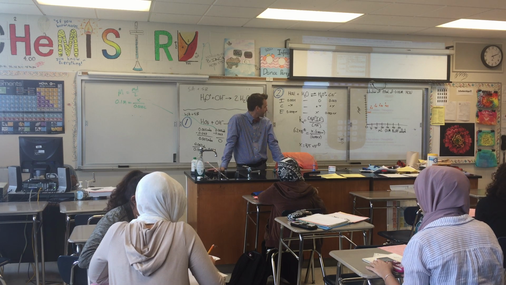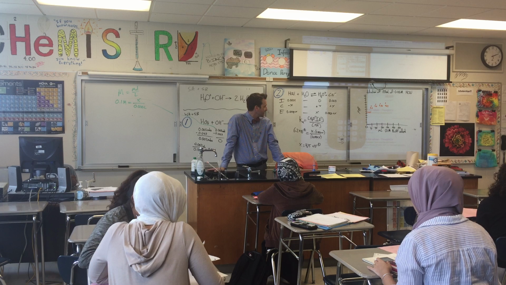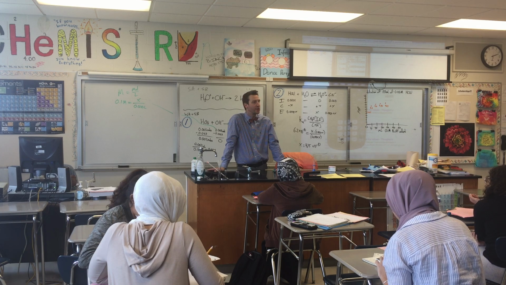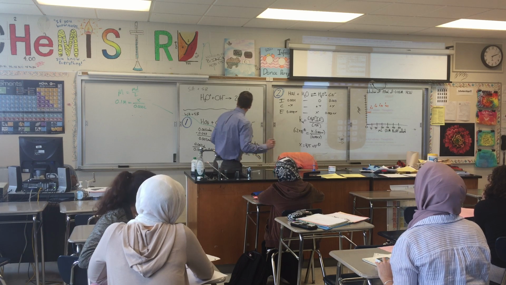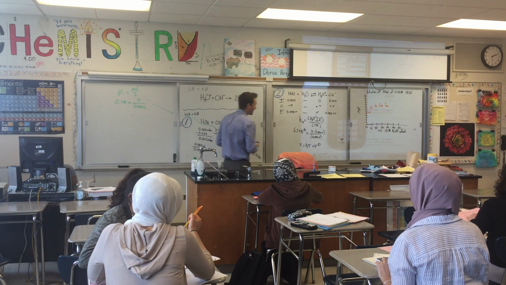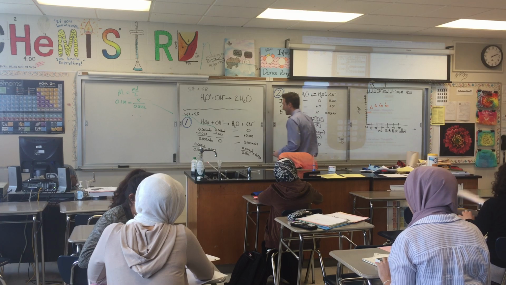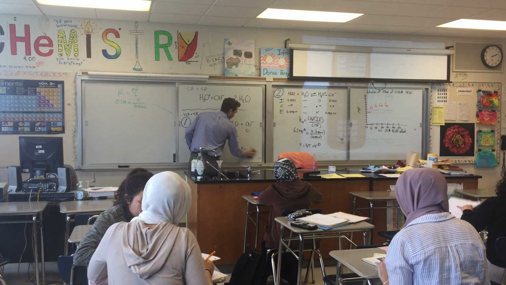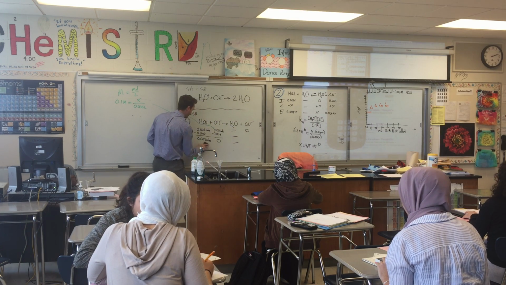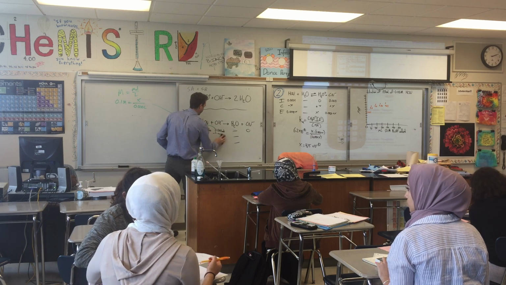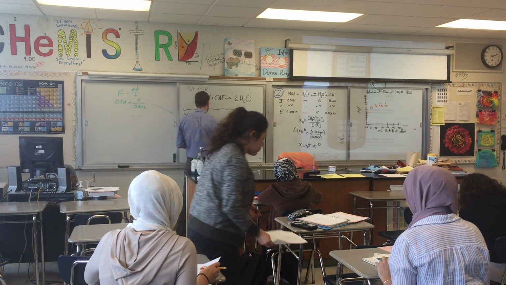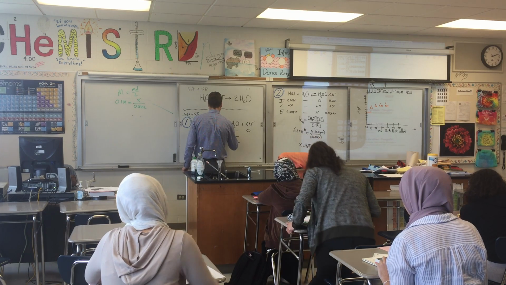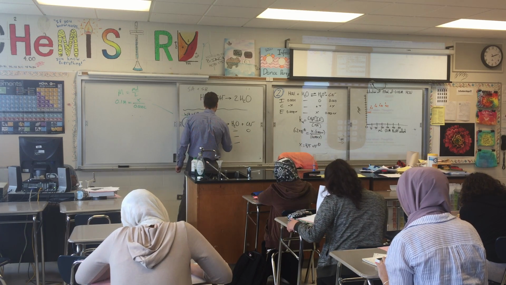All right? So I'll leave it up to you to do that because I want to show you how to do 50. 50 is going to be hard. At 50 milliliters of NaOH added, let's go back and look at this table over here. At 50 milliliters of NaOH added, that's the equivalence point.